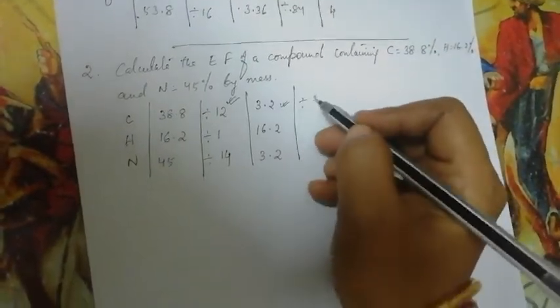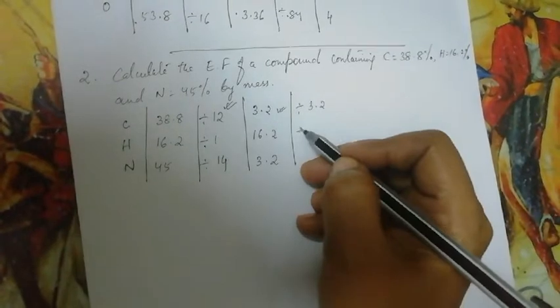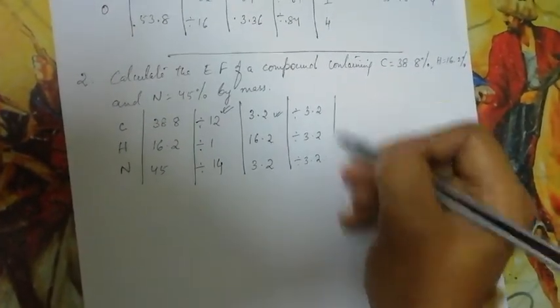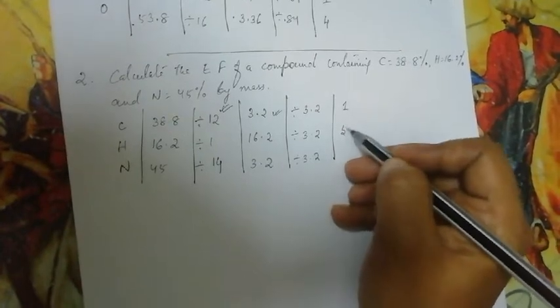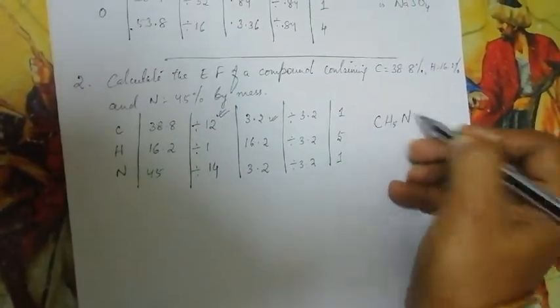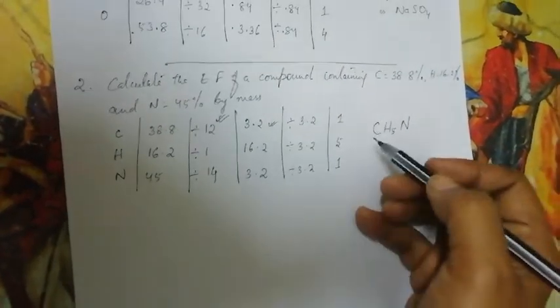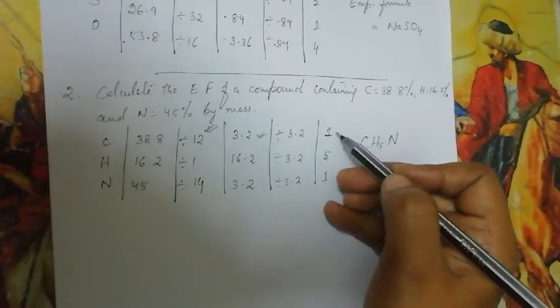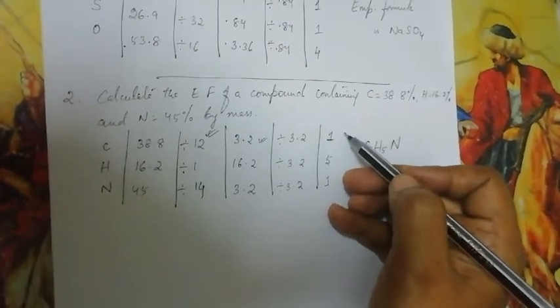So you divide it by 3.2, divided by 3.2, divided by 3.2. So you get 1, 5, 1. CH5N.